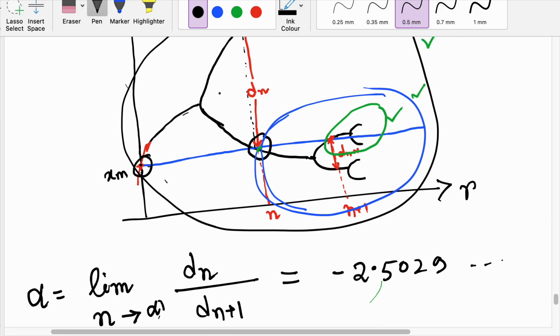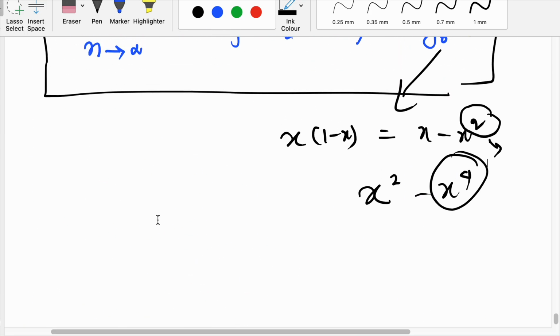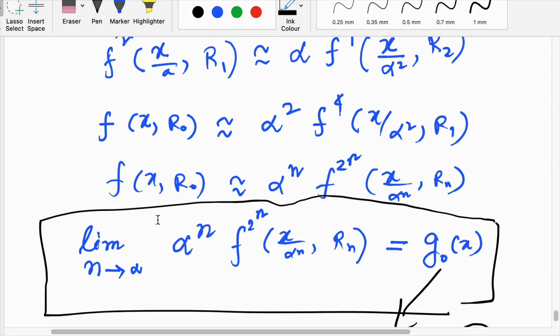This is the ratio, where alpha is minus 2.5029. So this is the scale by which we are compressing the system and putting the structure into itself. So this alpha should be equal to this alpha. In the next class we will see that.